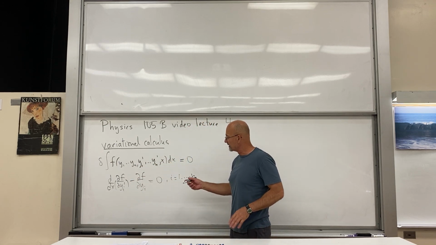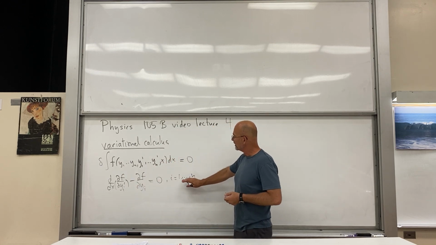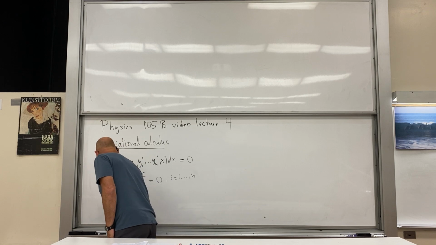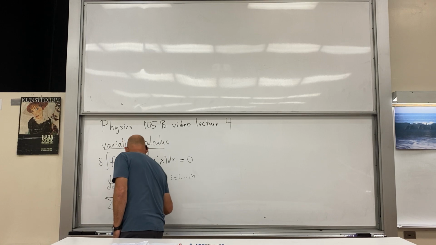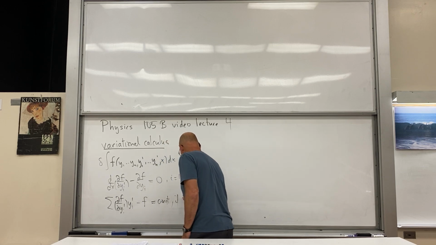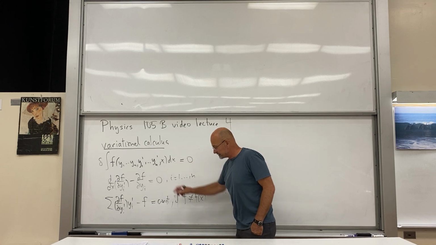That was part of the condition in order to obtain this form for all of those equations. And we have one more condition here: the sum over partial f partial y sub i prime times y sub i prime, minus the function f, is equal to a constant, if f is not explicitly a function of x, of that variable there.